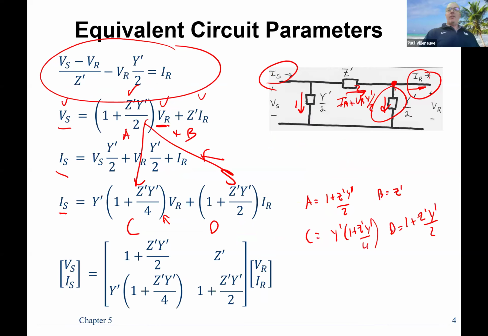Very good. So if I wanted to solve for B, and B is equal to VS divided by IR when VR equals 0, all you need to do is short circuit, right?